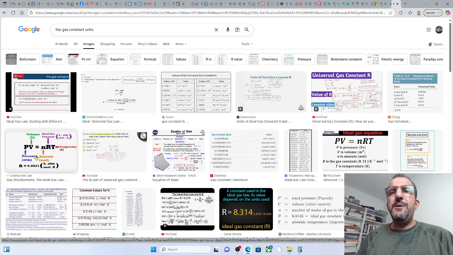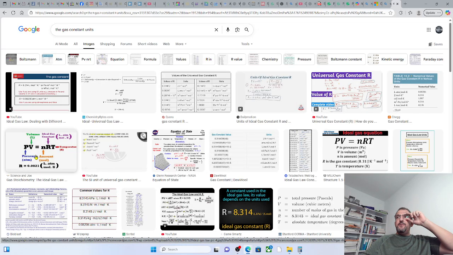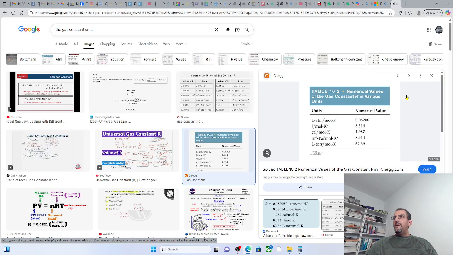We can get the units from the ideal gas equation. So this is one idea, and maybe here, liter atmosphere per mole Kelvin. I think this is what we need, guys.